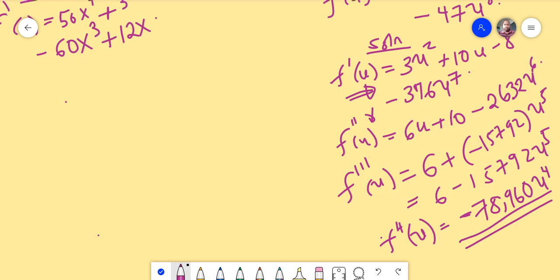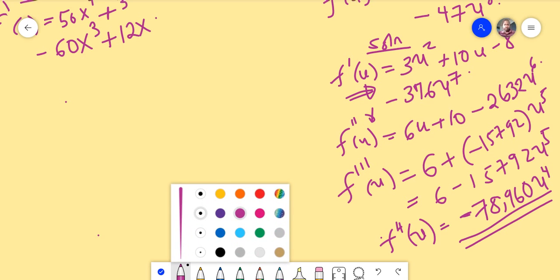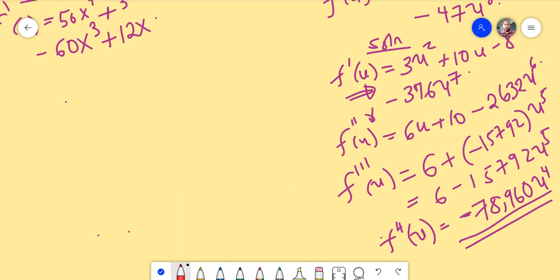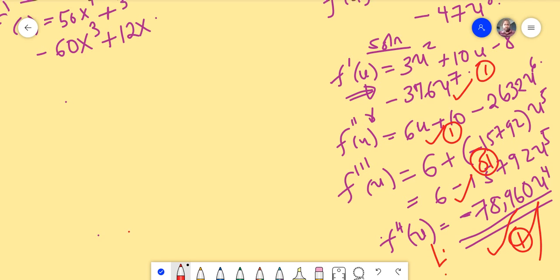And for these questions, the way I usually mark, I usually go in an orderly fashion. I'm just going to give one mark for the first derivative, a second mark for the second derivative, a third mark for the right third derivative, and then the last final mark here, so total marks you can get is 4 marks.